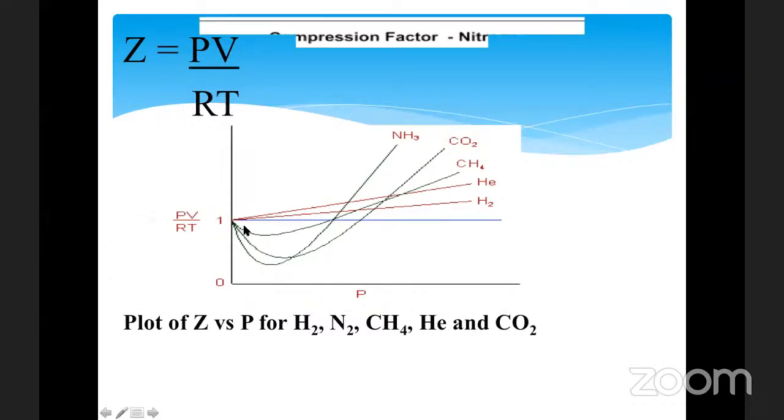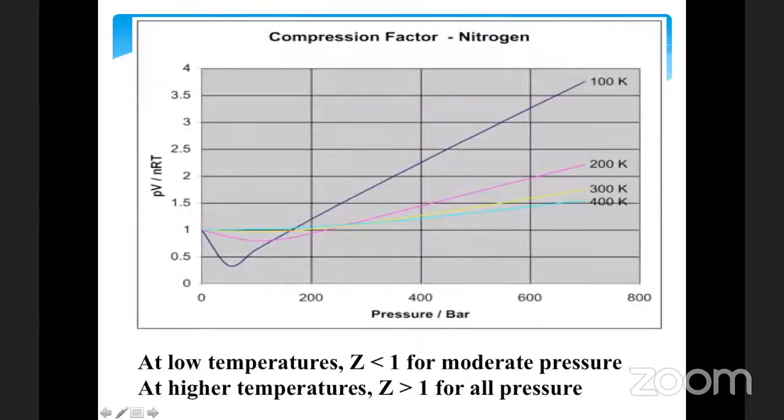And then if we plot one of the gases, like nitrogen, against different temperatures, we will see that at very low temperature we have the dip again.